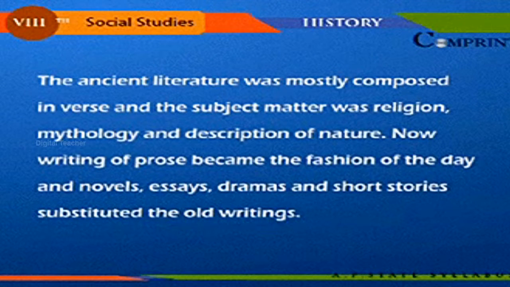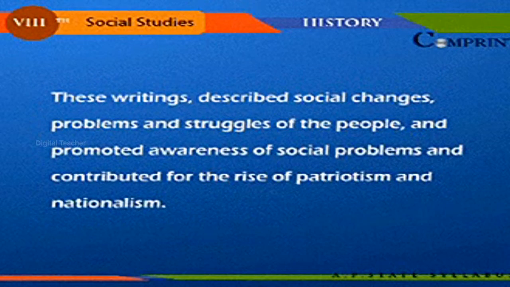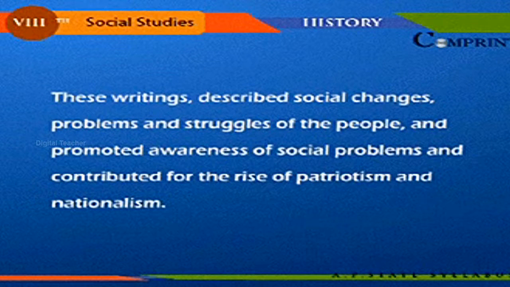Now, writing of prose became the fashion of the day and novels, essays, dramas and short stories substituted the old writings. These writings described social changes, problems and struggles of the people and promoted awareness of social problems and contributed for the rise of patriotism and nationalism.